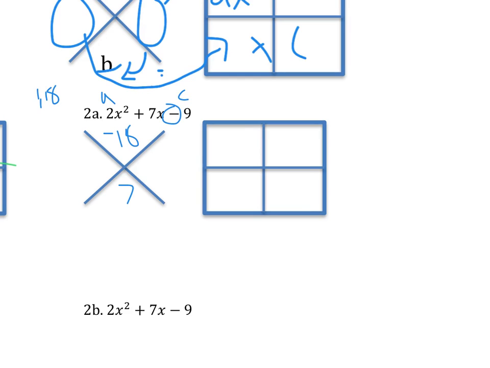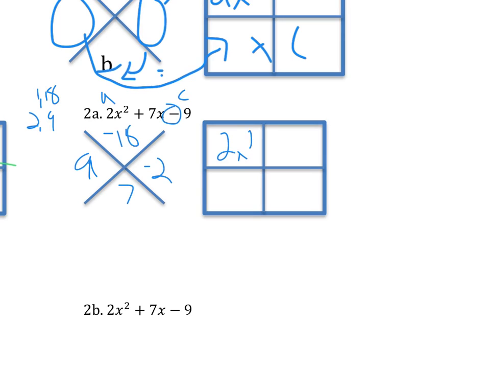So 1 minus 18 is 17, that doesn't work. Let's go 2 and 9. 2 times 9 is 18, and then 9 minus 2 is 7, so that does work. So we have positive 9 and a negative 2.